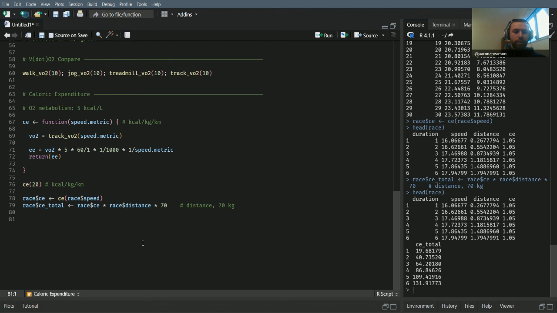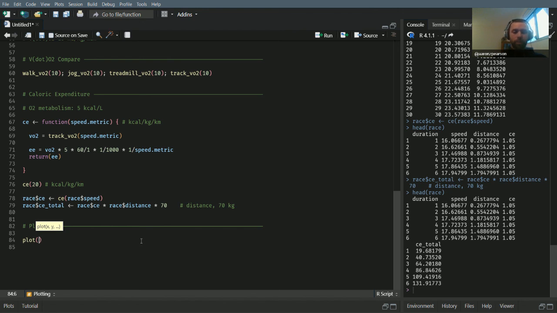So to visualize this, Control Shift R, plotting, we're going to just quickly visualize this. So using a plot of speed over time, and then how many kilocalories they burnt over the distance or time as well.